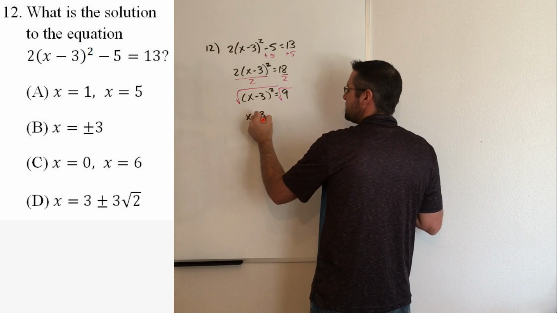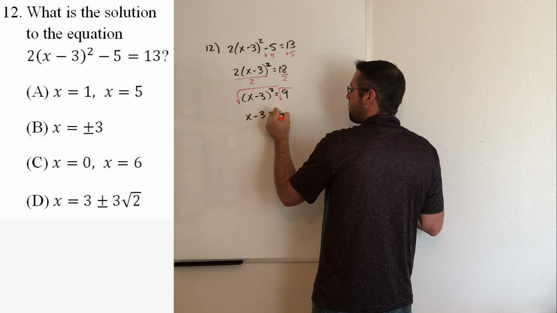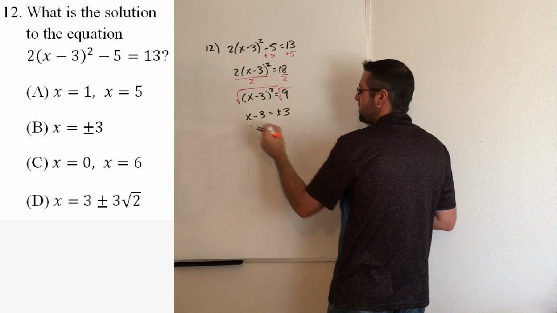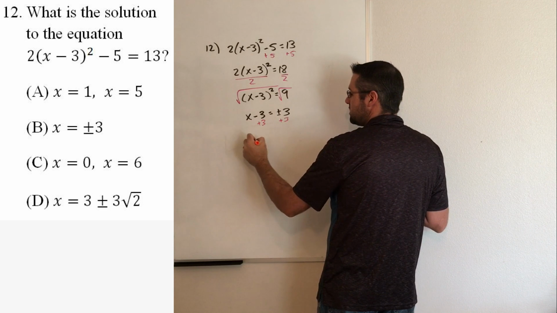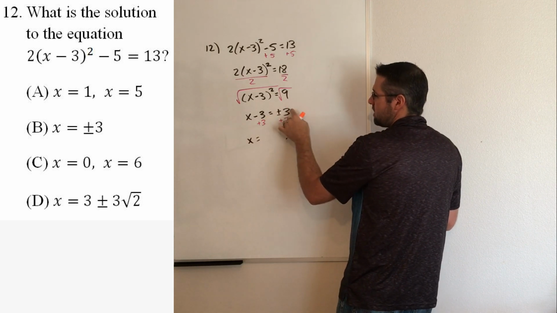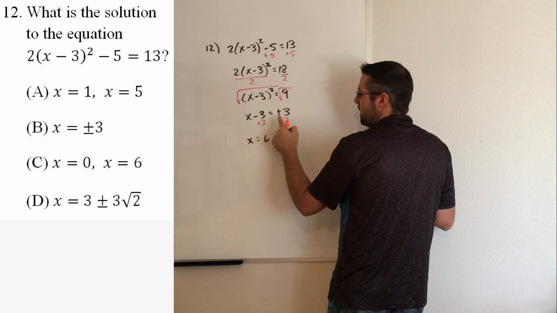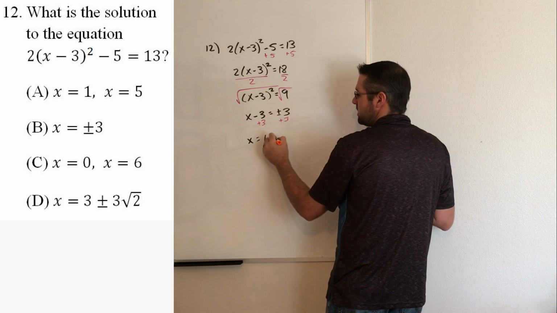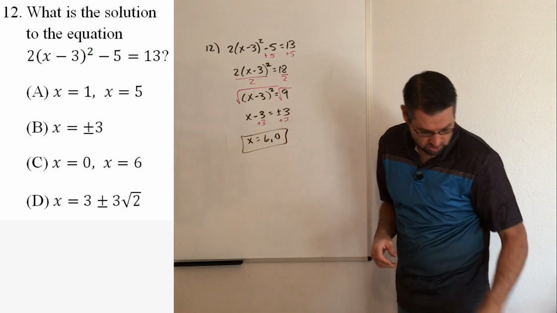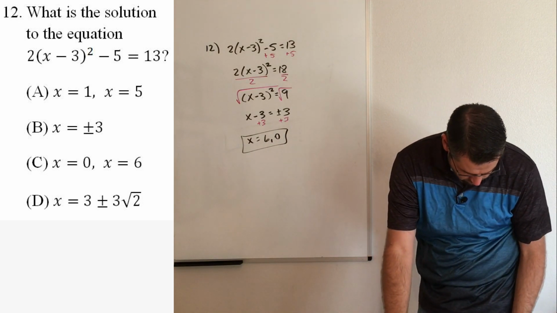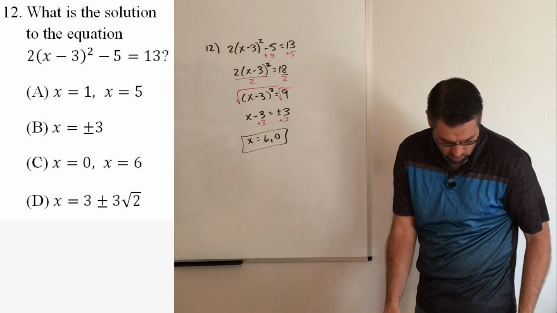So we end up with x minus 3 equals plus or minus 3. From here, we add 3 to both sides, and we have to look at each individual case. A positive 3 plus 3 is 6, and a negative 3 plus 3 is 0. So x is equal to 0 or 6. So C is our answer for number 12.